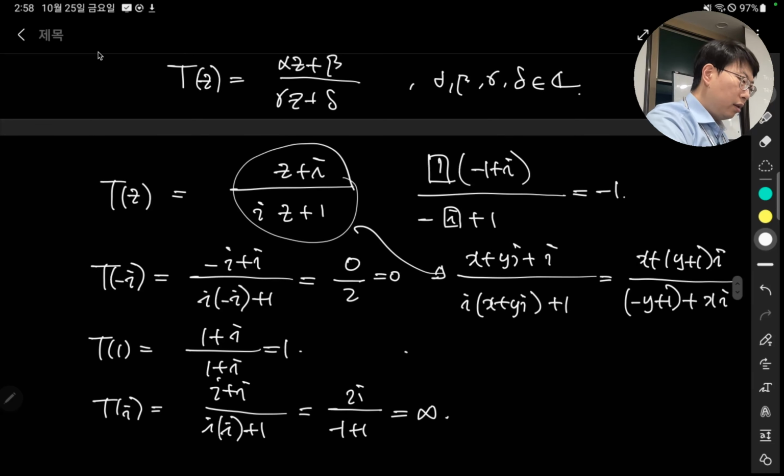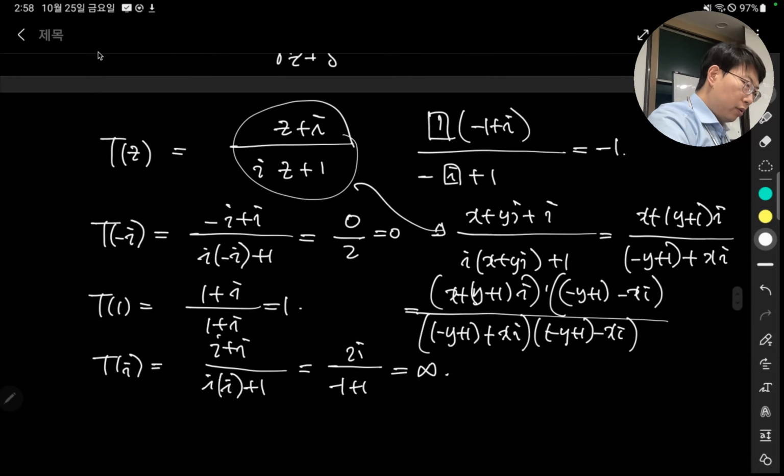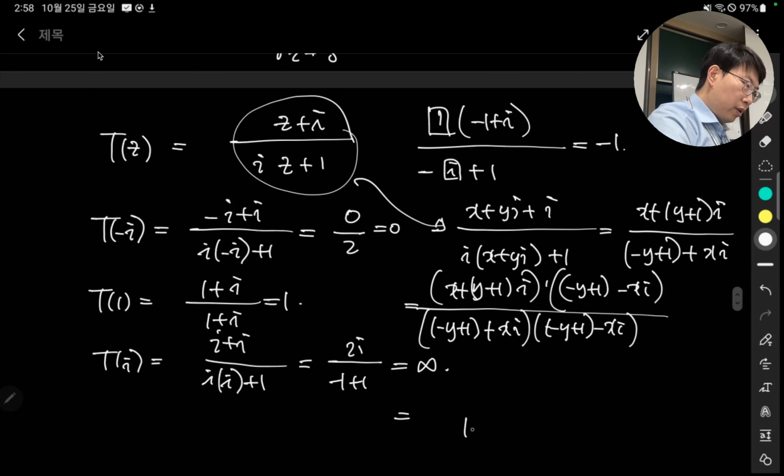Then, in order to find the real and imaginary parts, you multiply the conjugate of the denominator up and bottom. So minus y plus 1 minus xi. And then on the top, you get x plus y plus 1 i multiplied by minus y plus 1 minus xi. So what you get in the denominator is 1 minus y squared plus x squared.